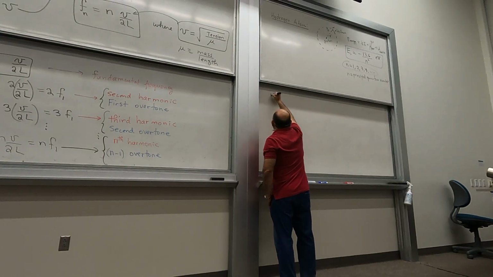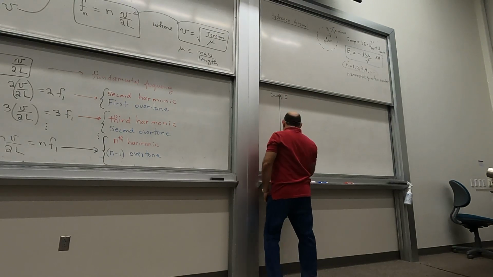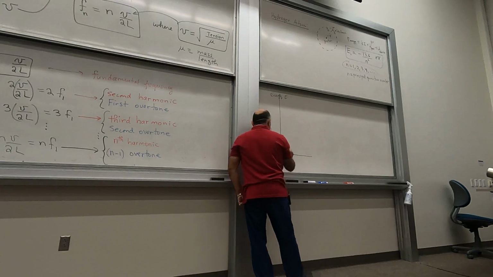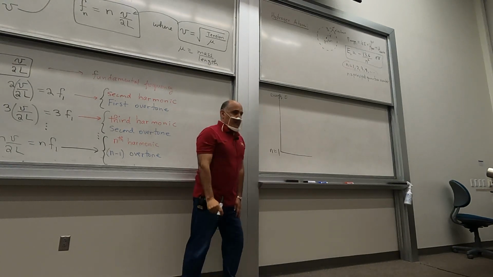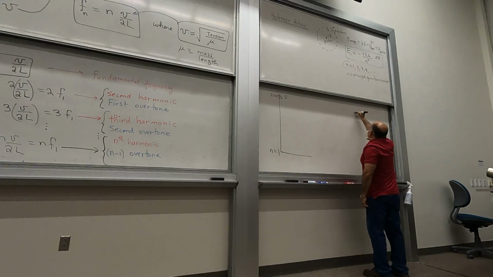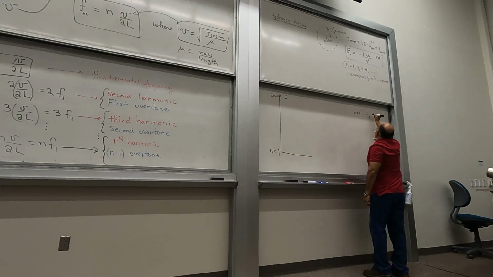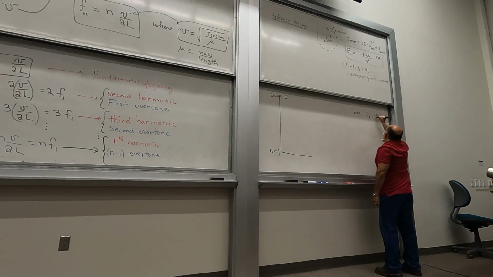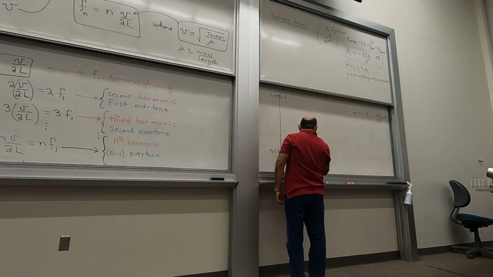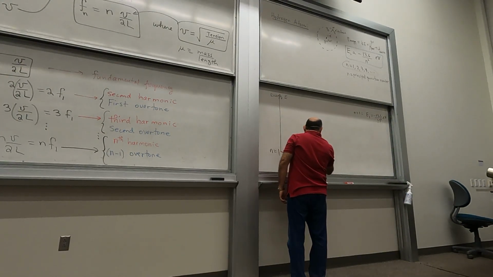So let's say this is energy, E, and I'm going to call this n equals 1. If n is equal to 1, then E1 will be minus 13.6 divided by 1 squared, which is just minus 13.6. So you write E1 equals minus 13.6 electron volts.